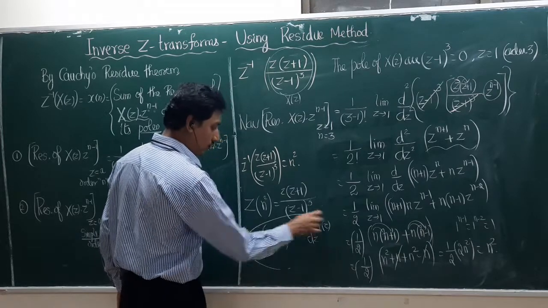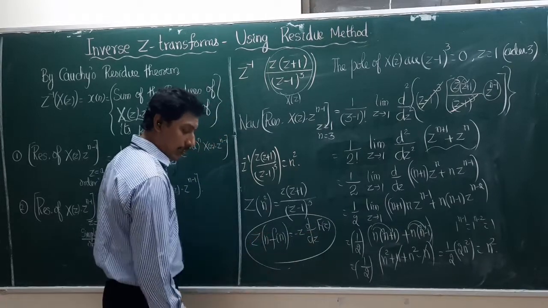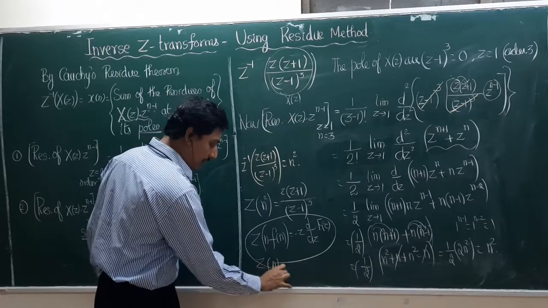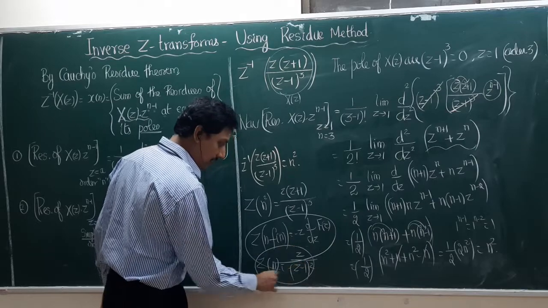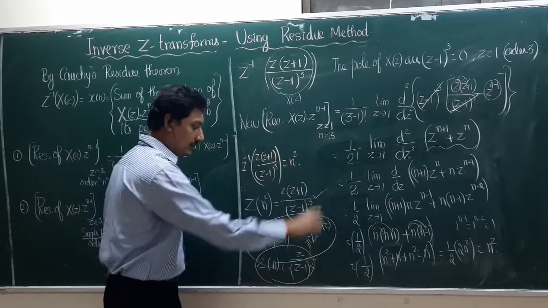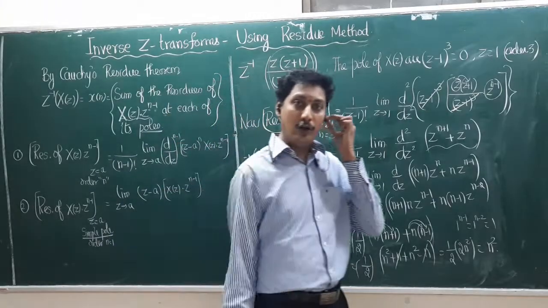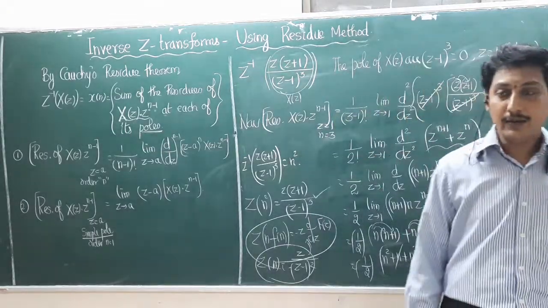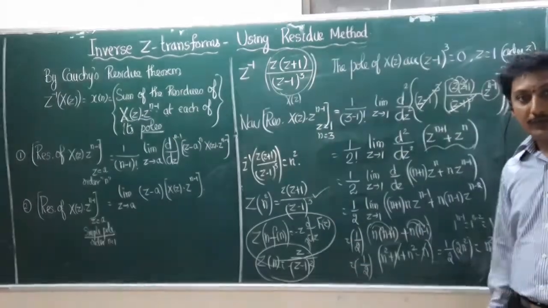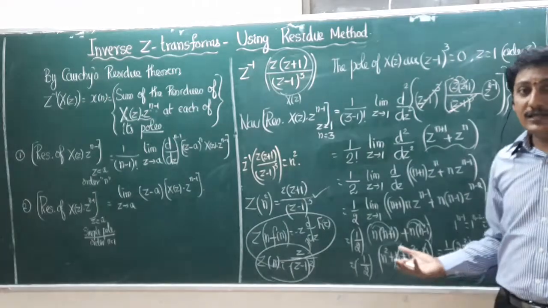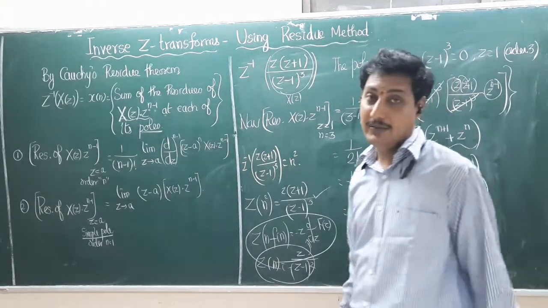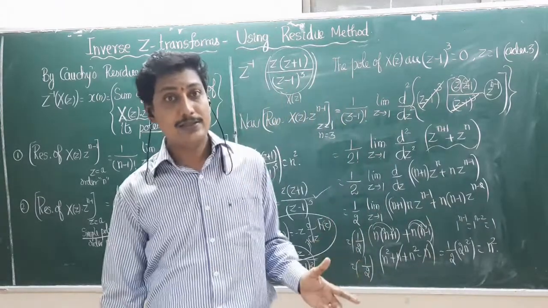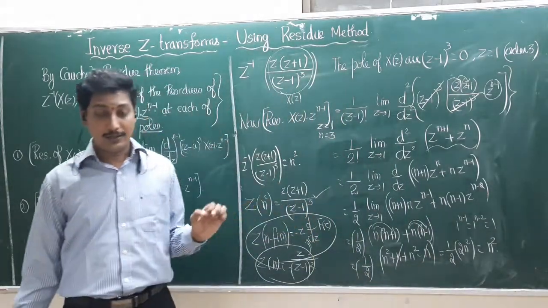If you use this formula for the Z transform of n, what's the Z transform of n? Z by z minus 1 whole square. So by using this result in this formula, you will get this answer. I made a separate video for Z transform of n squared, and I get the same answer. But if you don't know the Z transform result, then we directly apply the residue method, you will get the same answer. So that is the beauty of this residue theorem.